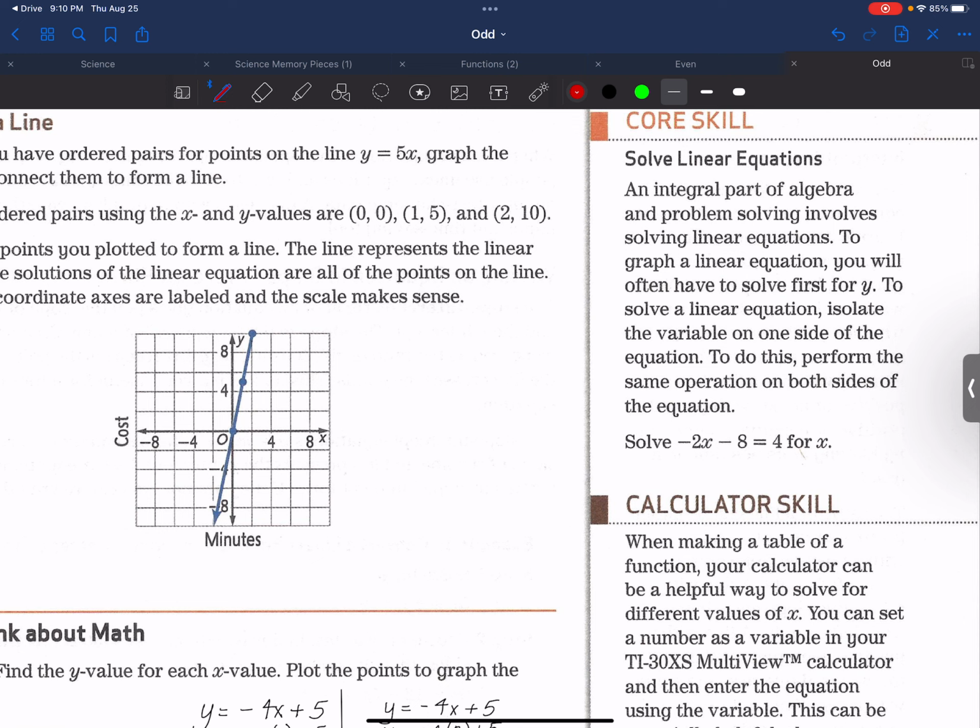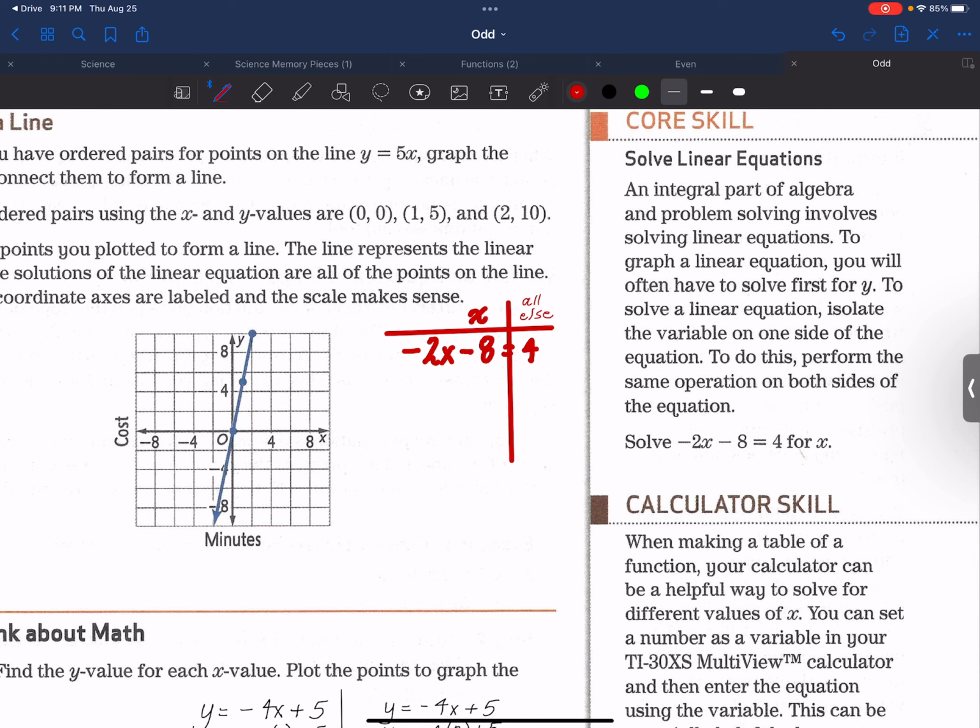So it says to solve, and I'm going to put it just here in this white space, -2x minus 8 equals 4. And they want us to solve it for x. So all you have to do is draw your frame. They want you to find x on one side, and then everything that's not an x will go on the other side.